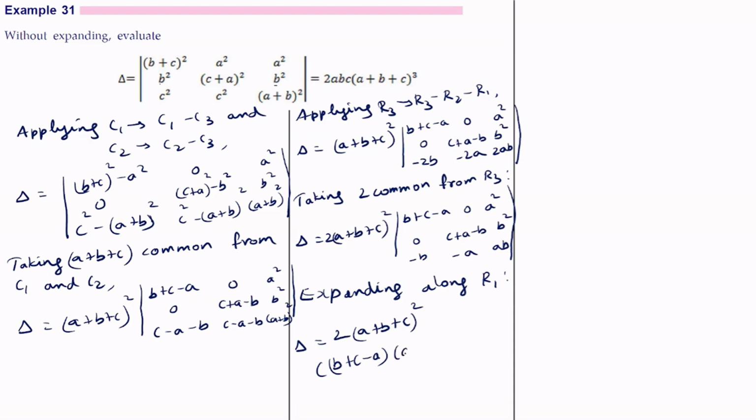So it becomes abc plus a square b minus ab square and minus of ab square. So it is plus ab square. Plus ab square.